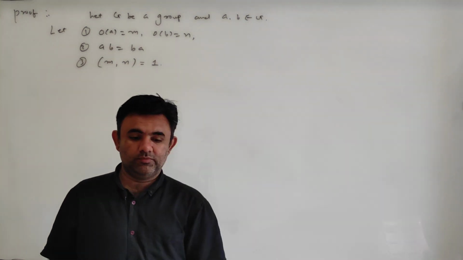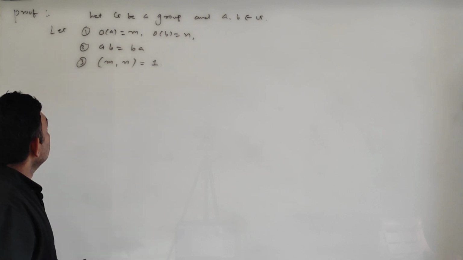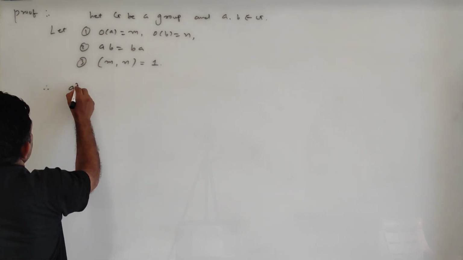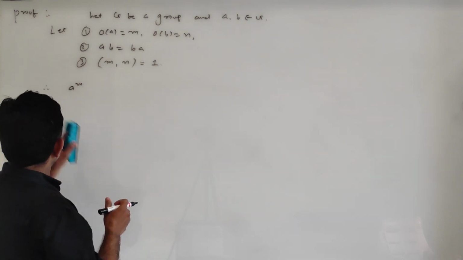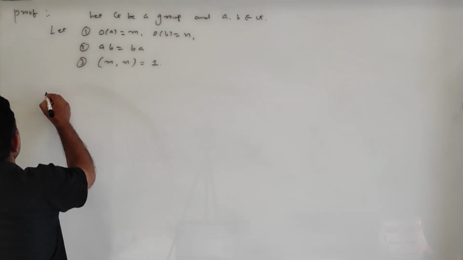So it is given. I want to prove order of ab is equal to order of a into order of b.